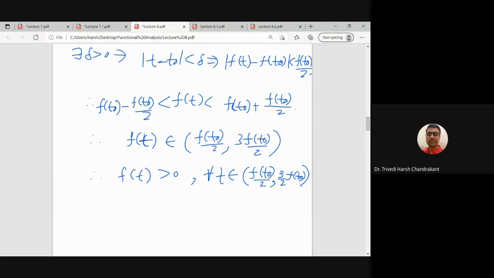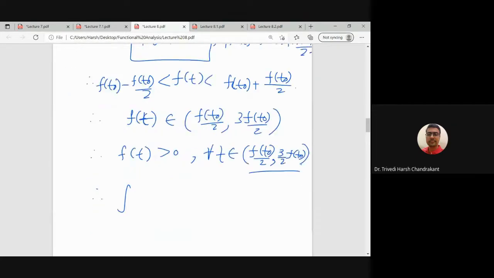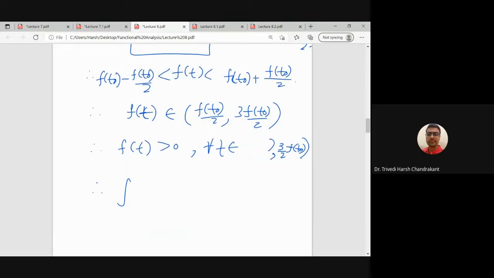So we know that if f(t) is positive over a positive length interval, then the integration over this side, yeah, so t belongs to what? t belongs to this interval. So this is a mistake. t should be in t naught minus delta to t naught plus delta.